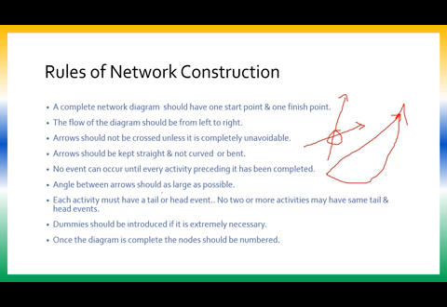The angle between arrows should be as large as possible. What does it mean actually? It says try to keep the lines quite away from each other so that your network diagram does not become cumbersome.